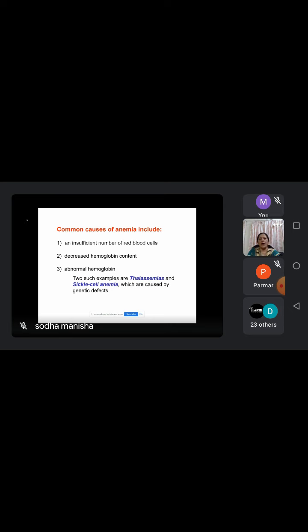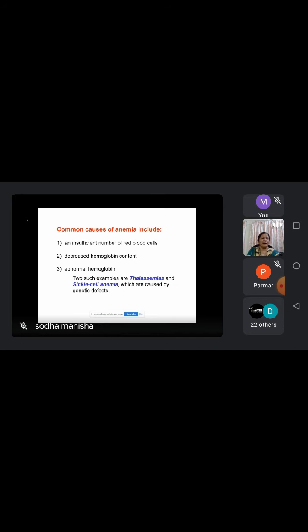So RBCs will be smaller than the normal size. That is why this type of anemia is also known as microcytic anemia. Okay.